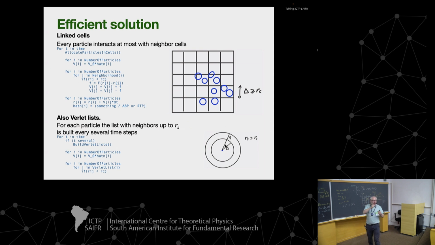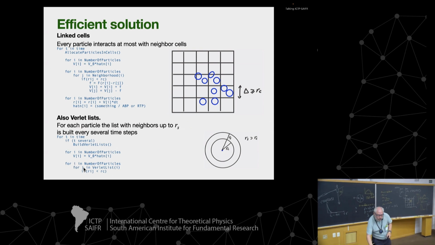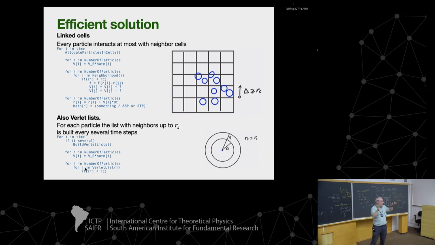For each particle, you identify all the other particles that are in this larger region. You know that many of them are not going to interact because they are at a larger distance than RC. But anyway, you build the lists, and then for every particle, you run over the list of this particle, and if the distance is sufficient, you compute the force.